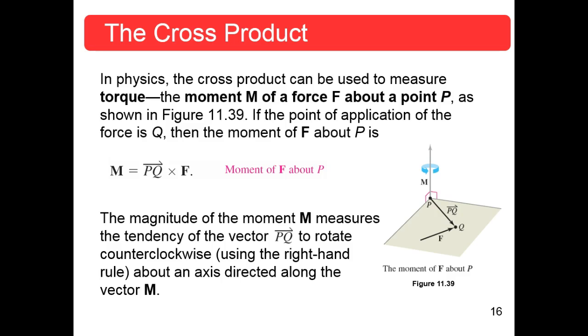The moment M of a force about a point P is shown in this figure here. If the point of application of the force is Q, then the moment of F about P is a vector called the torque. This is the vector PQ cross with the force.